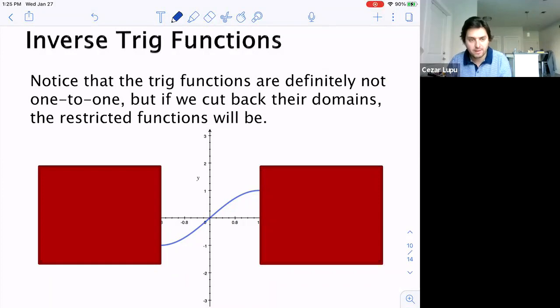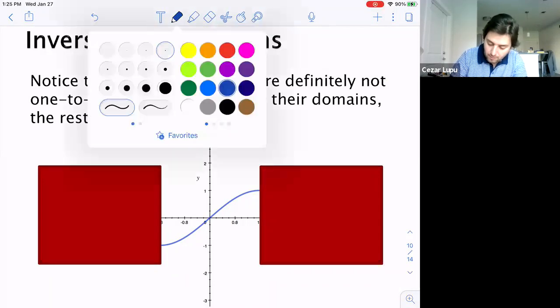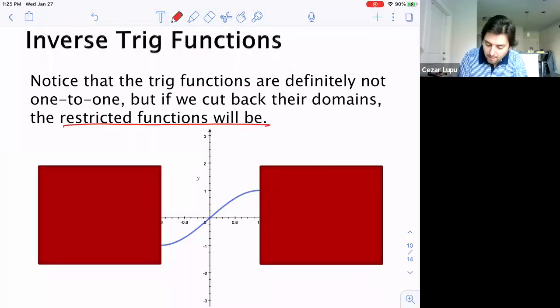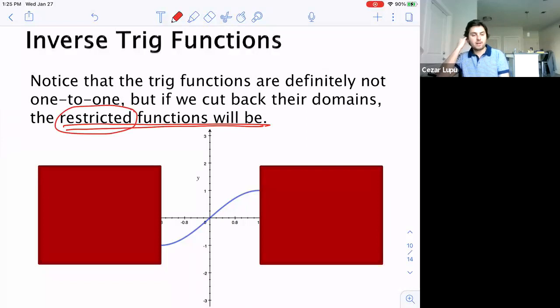This is very important. So once again, keep this word in mind: restricted. Just like I said, not only in the case of trigonometric functions, but also in the case of f of x equals x squared. If you restrict it to the positive side, it will be one-to-one.